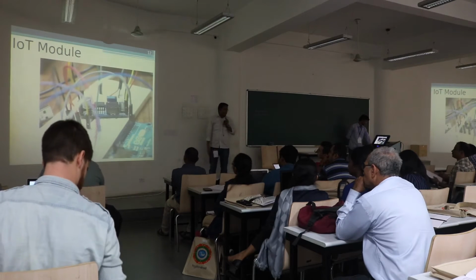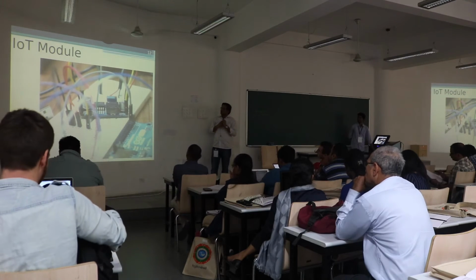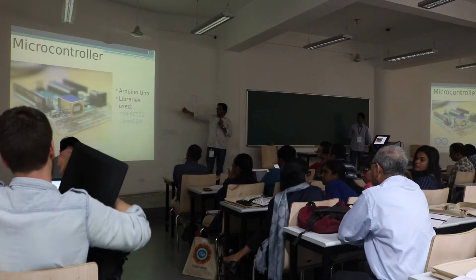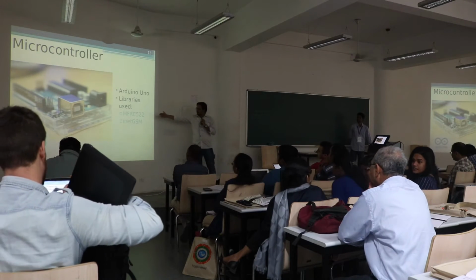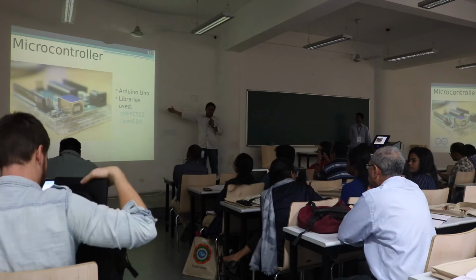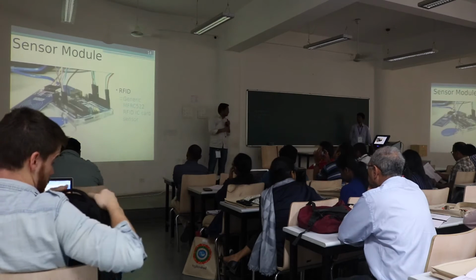And then comes the IoT module. As I've already briefly discussed, the microcontroller is the Arduino, and we are using 2 libraries: MFRC522 for the RFID sensor and IIIT GSM for the GSM module.